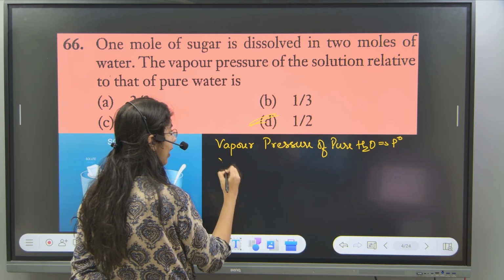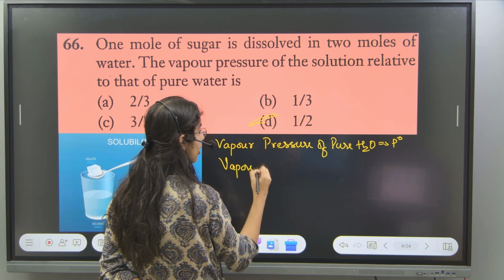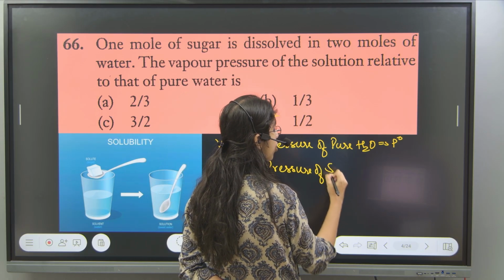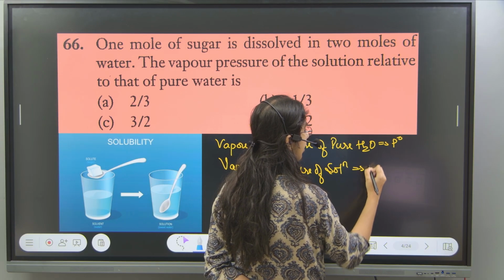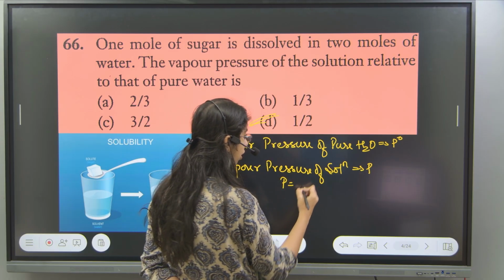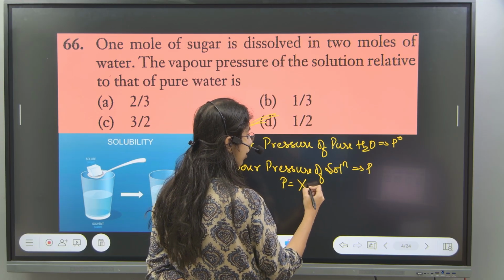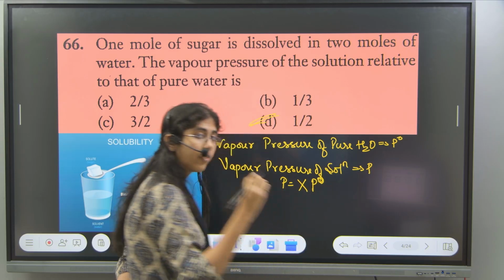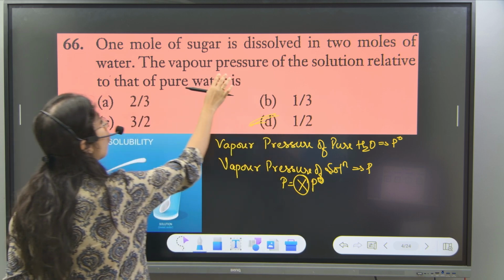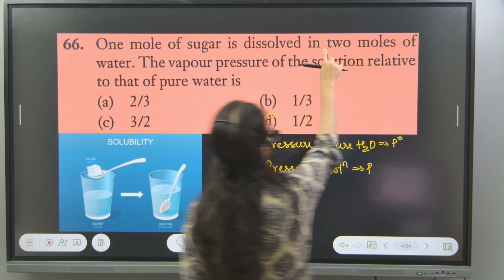Okay. Now let us take vapor pressure of solution as P. Now whenever we take vapor pressure of solution according to Raoult's law, what do we take? Pressure into mole fraction into pressure of the pure solvent. Okay. Now what is the mole fraction of the water?